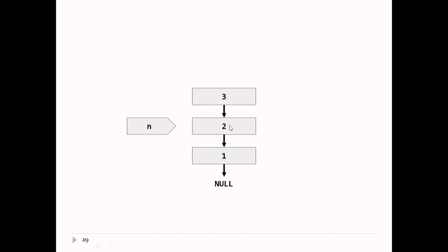Well, no, it points at a node. So do something with n and then advance it following that link there. Is n null? The answer is no. So do something with the node and then advance it following that link there. Now that link is null, but you're still allowed to set n to that link. So you can still write n equals n next there. Now n is null, and so now the loop stops.